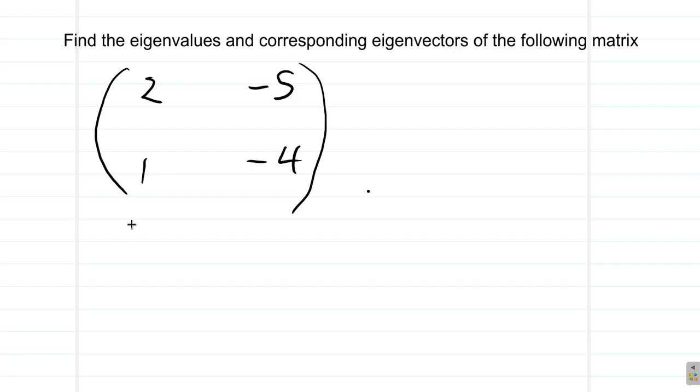Now, before we work it out, let's re-examine the argument behind all of this. This matrix, let's give it the name A, is equal to 2, -5, 1, -4, alright?